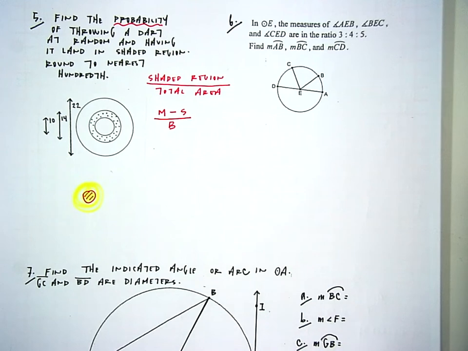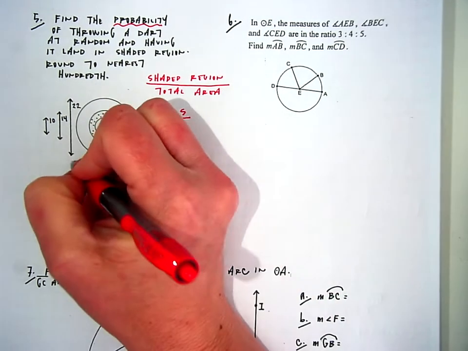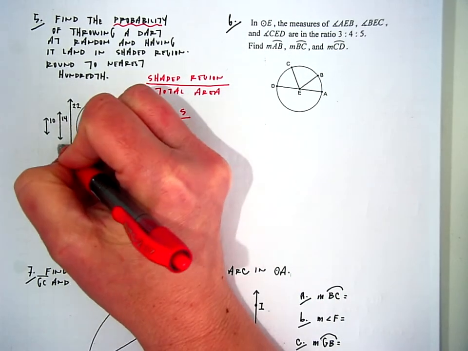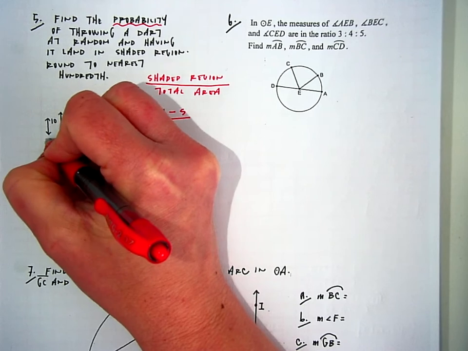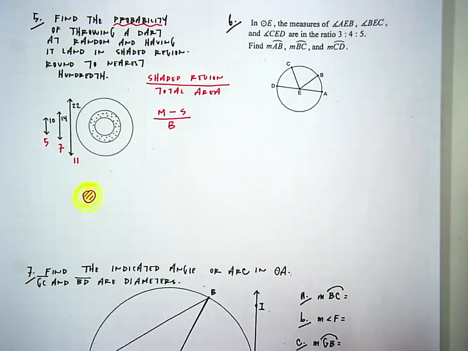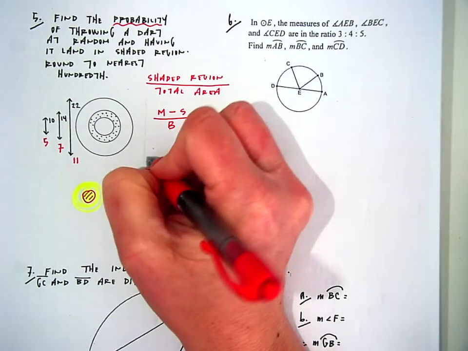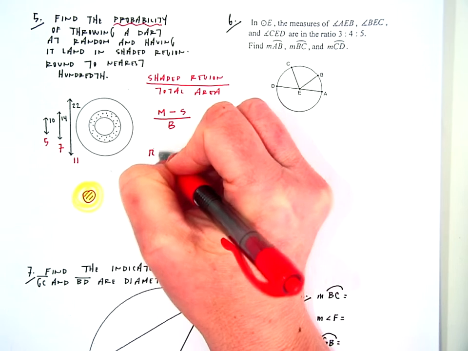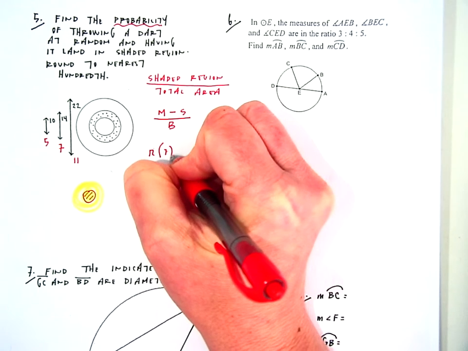I know that these are all circles, so I know circle area is pi r squared, and I'm also given each of their diameters. So my radius here must be 11, my radius here would be 7, my radius here would be 5. So again, I'm looking at pi r squared. So for the medium one, pi times 7 squared.